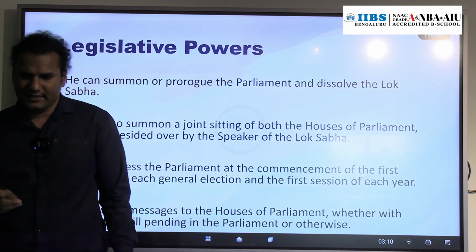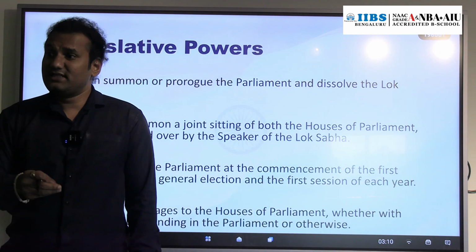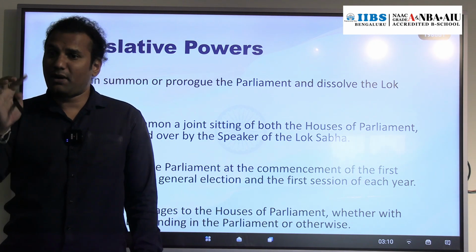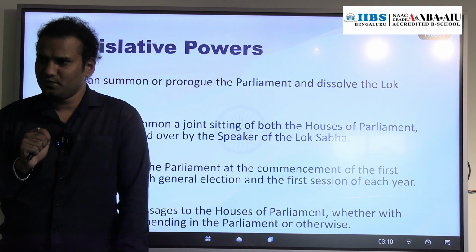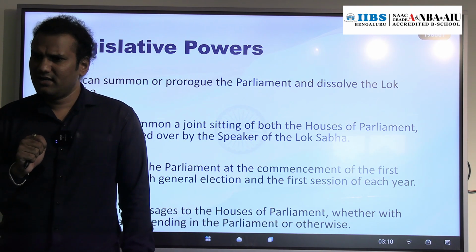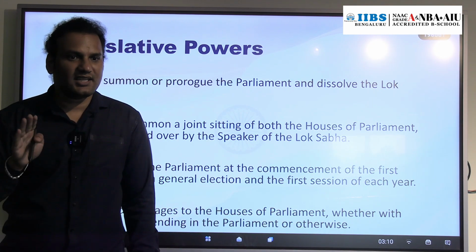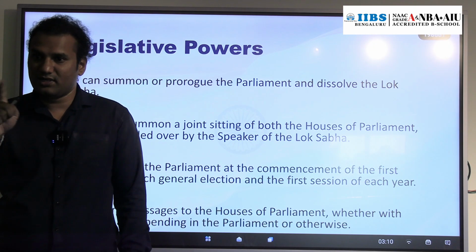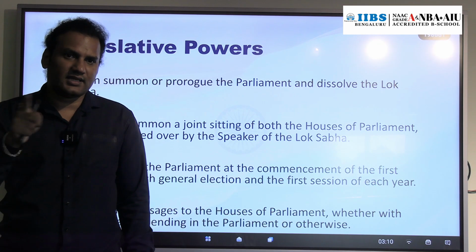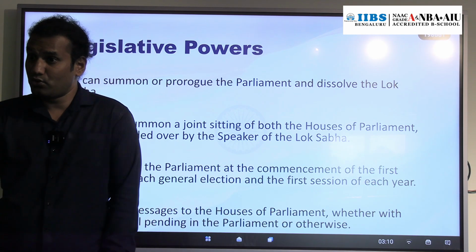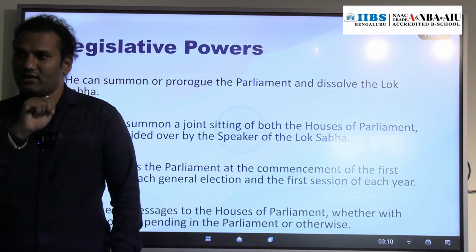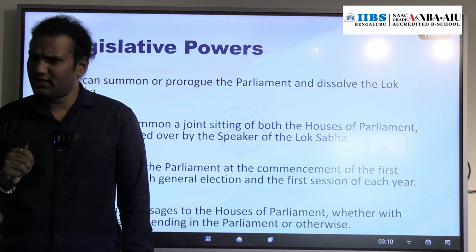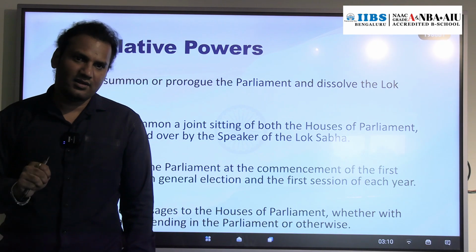If a general election has been conducted and one party got the majority, that party will continue for 5 years. For example, BJP got the full majority in 2014 and in 2019 also. But in 2024 BJP didn't get the full majority, right? So if any political party gets the full majority in the Lok Sabha, they can continue for 5 years.